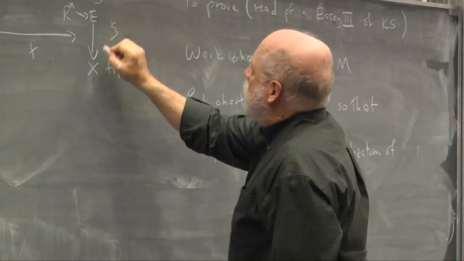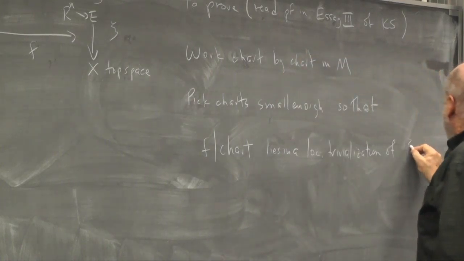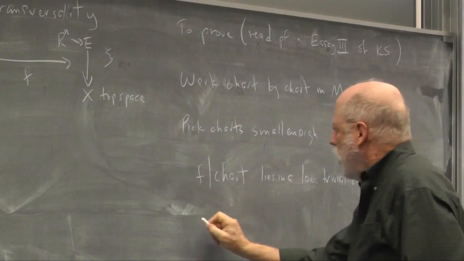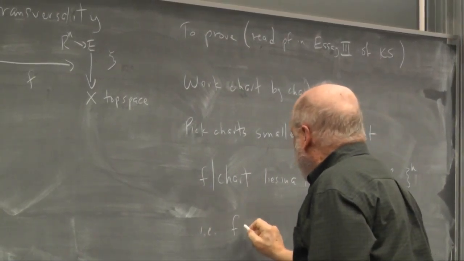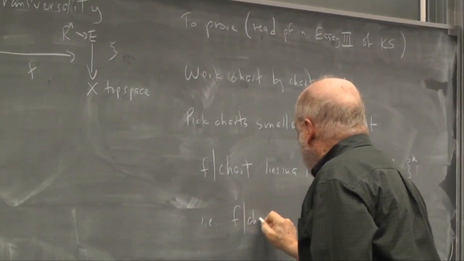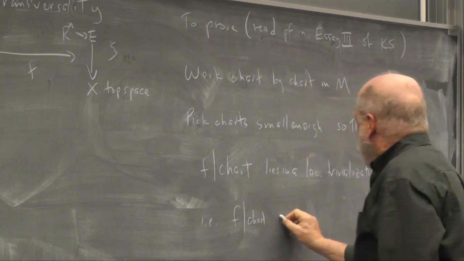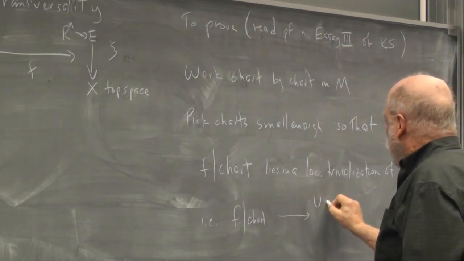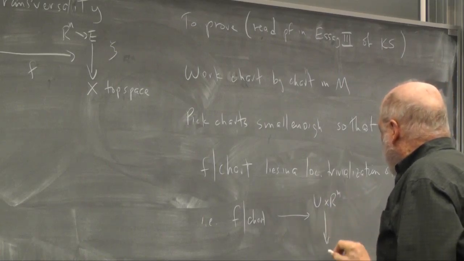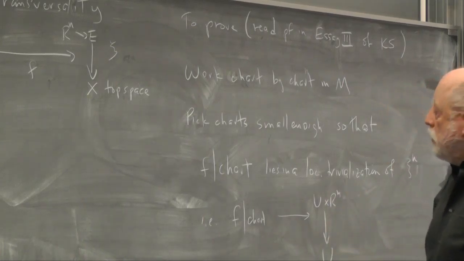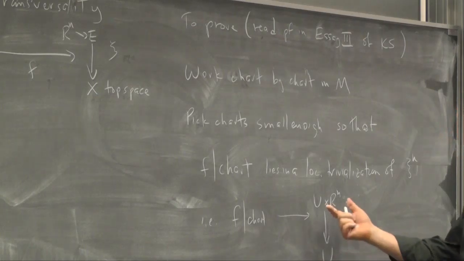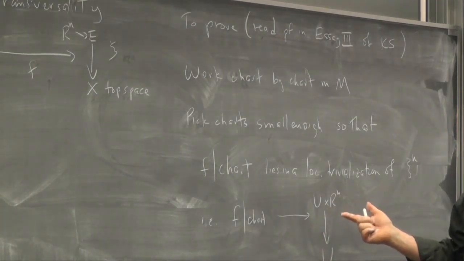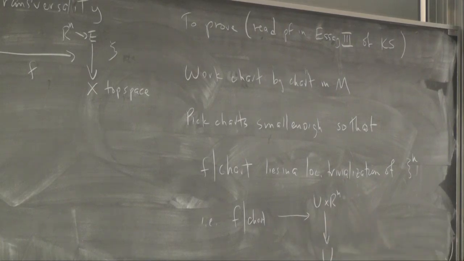That is, F maps the chart into U cross Rn, mapping down to U, where U is simply some open set in X where the bundle's trivial. Because bundles have to be locally trivial. So you're just mapping into this.